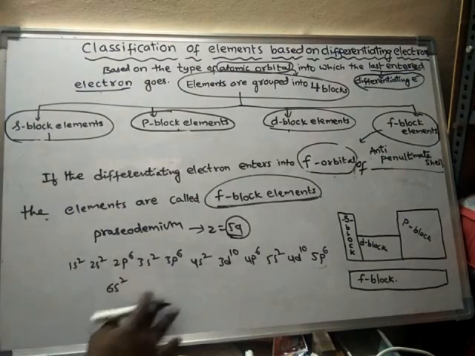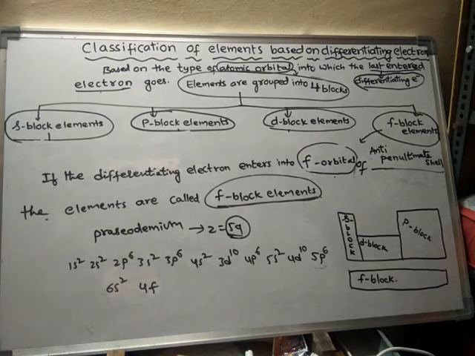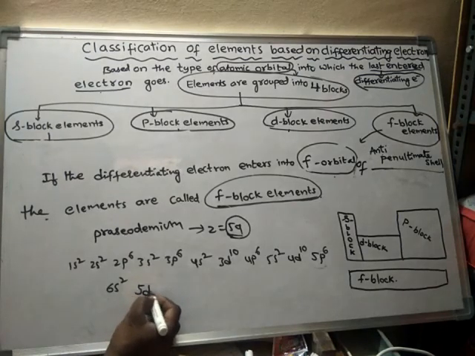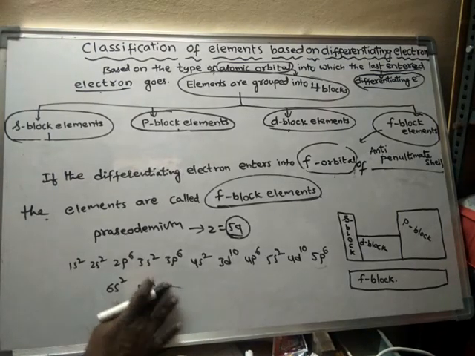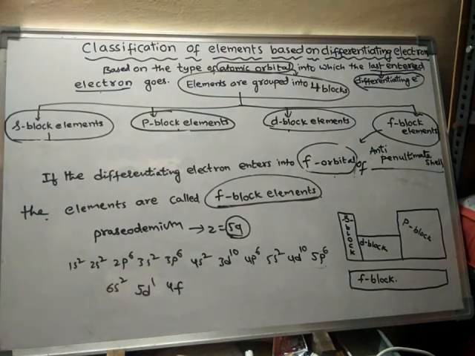Before 5d only, it should be 4f, but here in this case there is an exception. In 5d, one electron will be there, and after 5d it will be 4f.